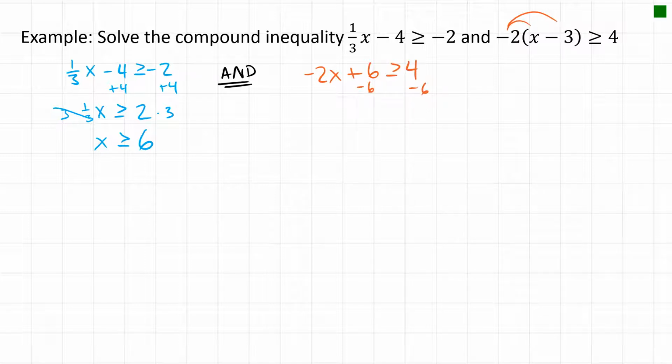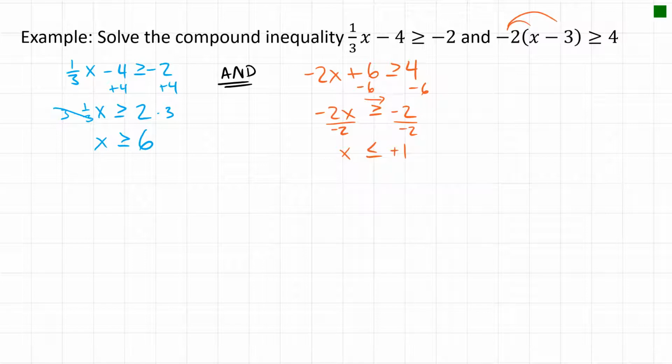We subtract 6 from each side, so we have negative 2x is greater than or equal to negative 2. Then we divide each side by negative 2, and we have to be careful because we're dividing by negative 2, which means we have to flip this inequality. So we have x is less than or equal to negative 2 divided by negative 2, which is positive 1.